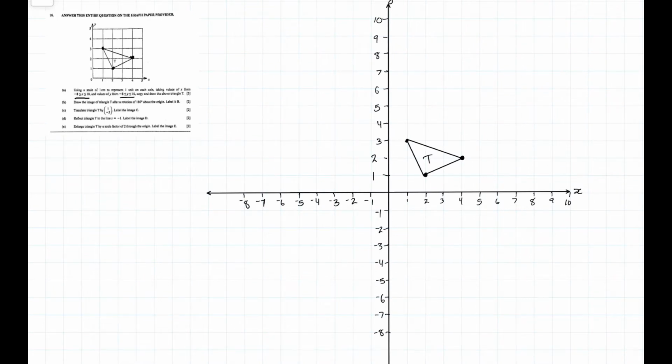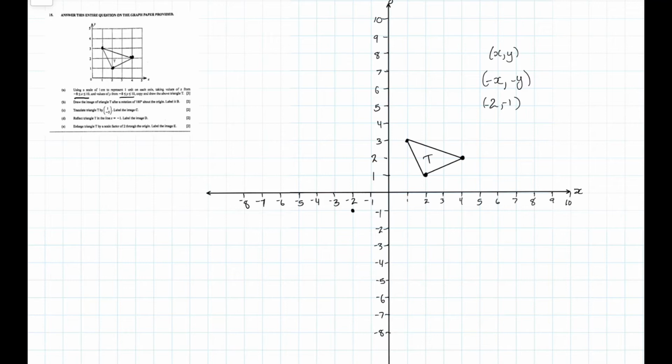Okay, so the rule for when you're trying to complete a 180 degree rotation, if you have a regular x, y, then the rule states that it should be -x, -y. Alright, so knowing that our first point is 2, 1, this means that our first point for our rotation should be -2, -1, which is right here.